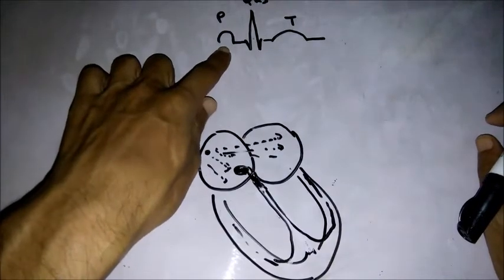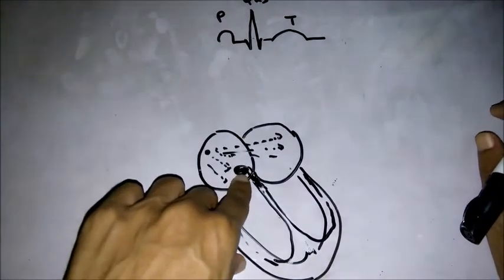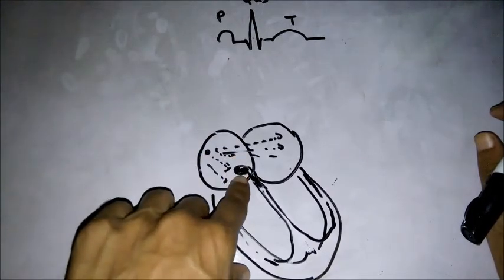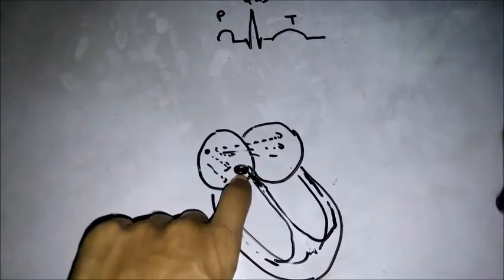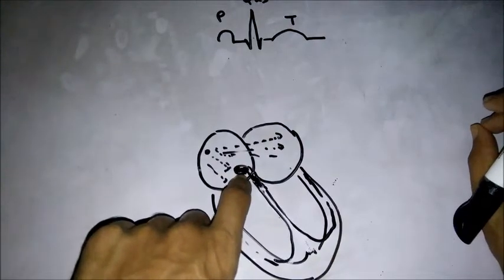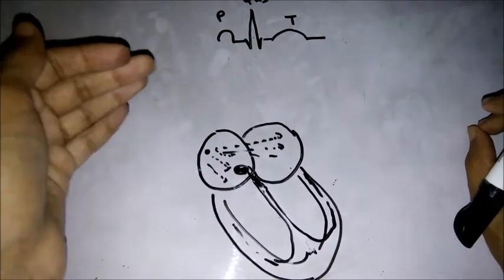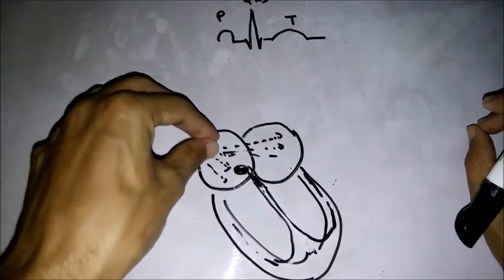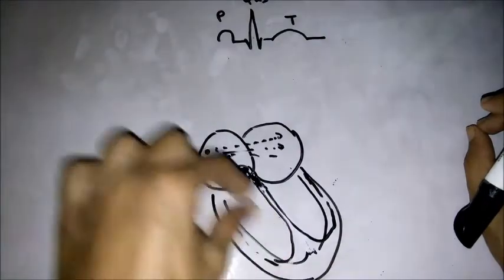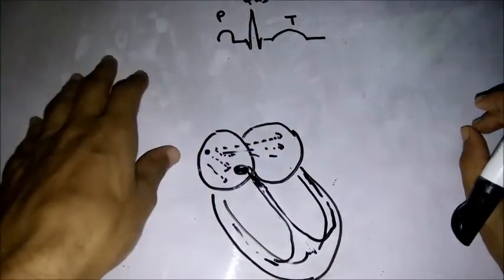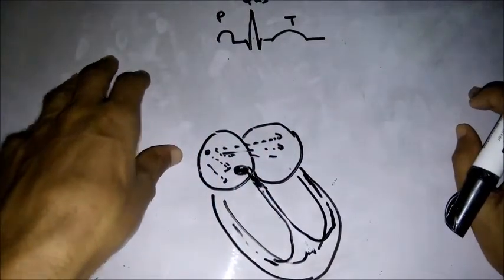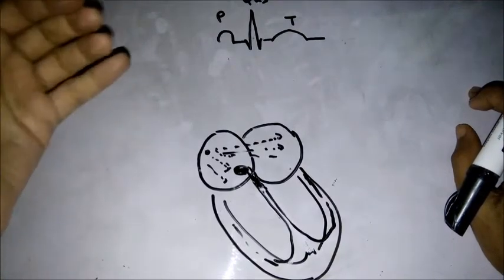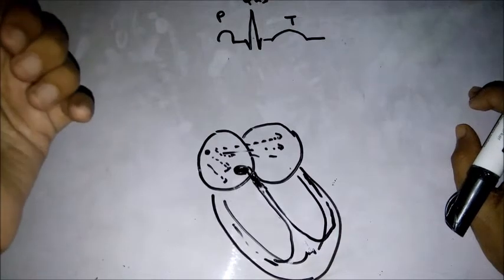Then afterward, this place over here is known as the AV node. This was the SA node, this is the AV node. Now the AV node is the only conduction place between the atria and the ventricle. So the electrical activity cannot go from the atria directly into the ventricle. It has to go through the AV node. Now, the property of the AV node is that once it receives an impulse, it doesn't just conduct the impulse rapidly.